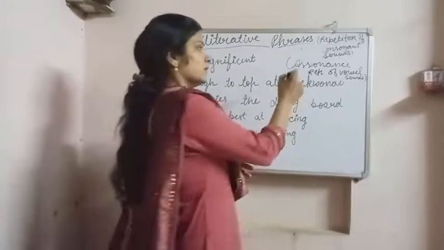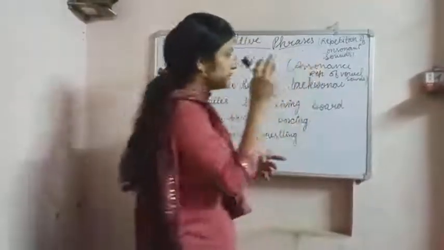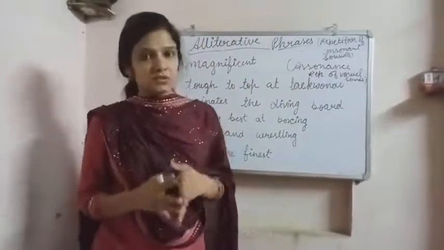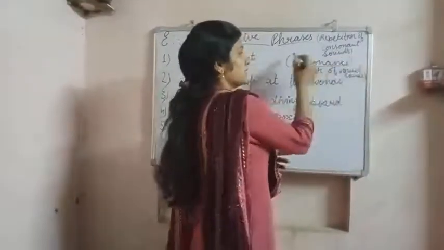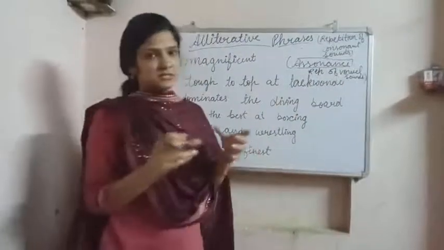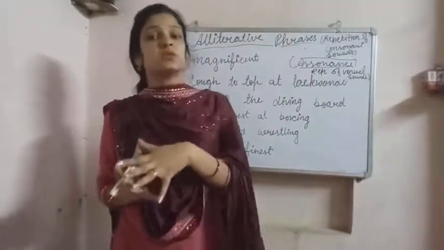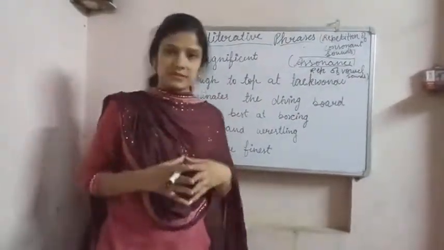And what do we call the repetition of vowel sounds? The repetition of vowel sounds is called assonance. Assonance is a figure of speech which is used for the repetition of vowel sounds.